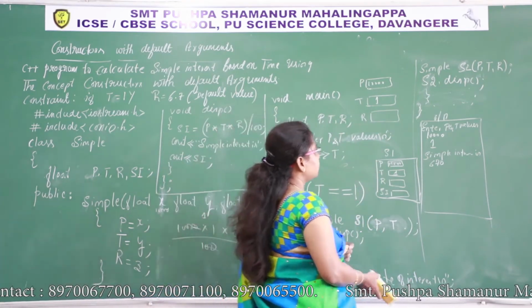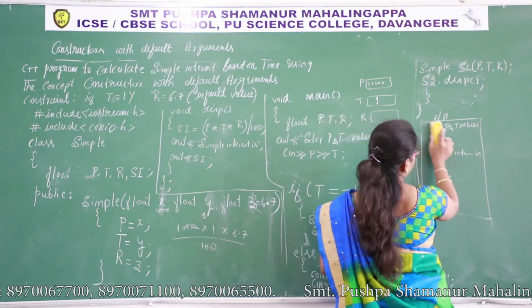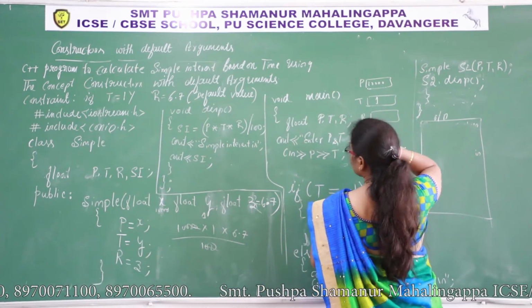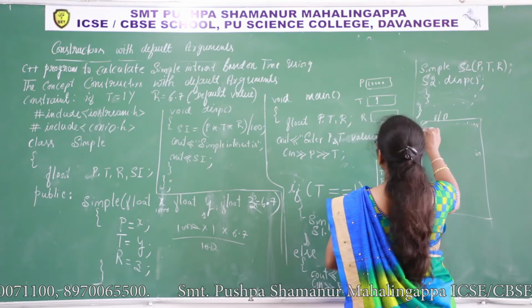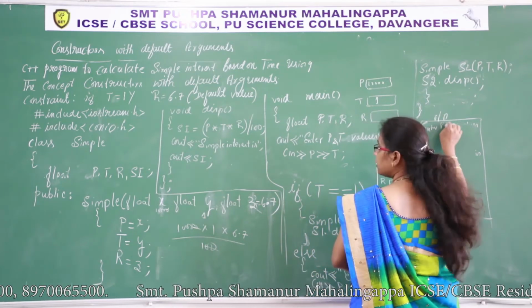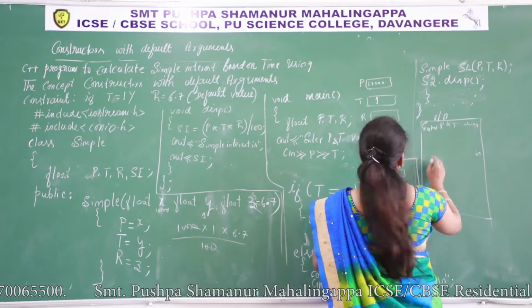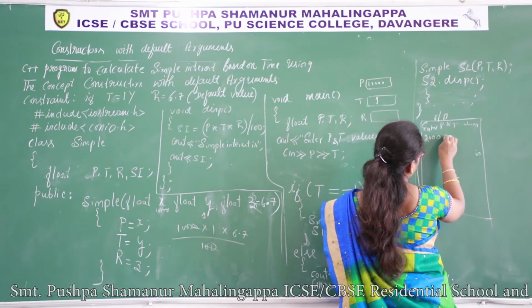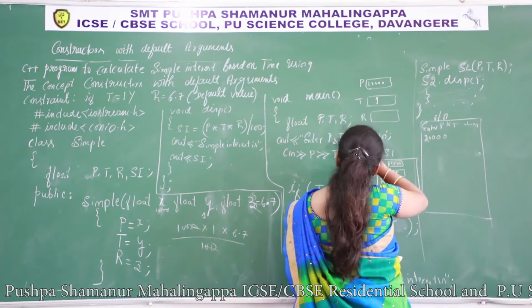Let us take another example, another output. Again if you execute one more time, it asks to enter p and t values. Right now I give 10,000, 20,000, and the time is 2 years.